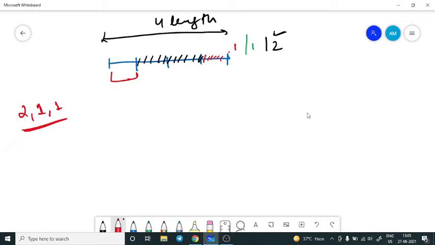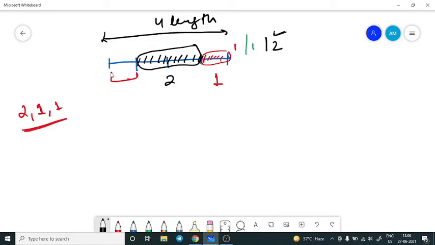Now I have to decide, and one more thing is that our count will be initialized to 2. Why? Because my first cut segment was this one, so here my count was 1, and with this one my count was 2, right? So basically I have two cut segments, one black, one red, and this remaining one. So I have to check with which cut segments I can do this.